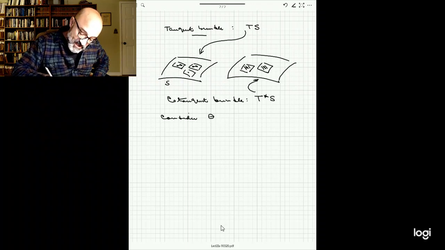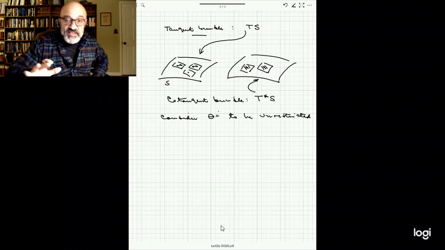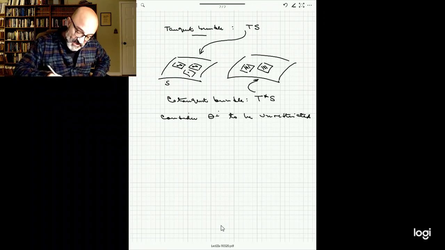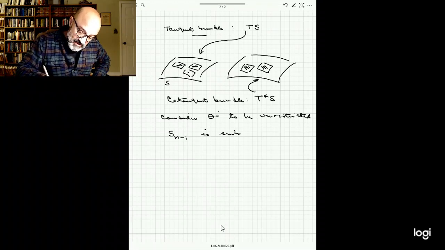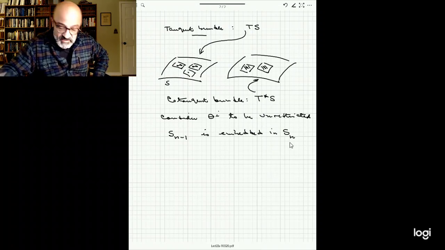The θ_i's to be unrestricted, which means that there is no normalization here, and so the simplex n plus 1 is embedded in the full space of dimension n.